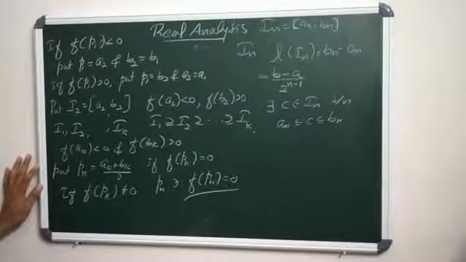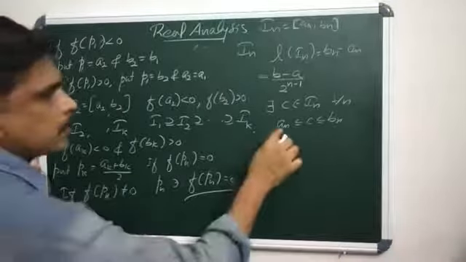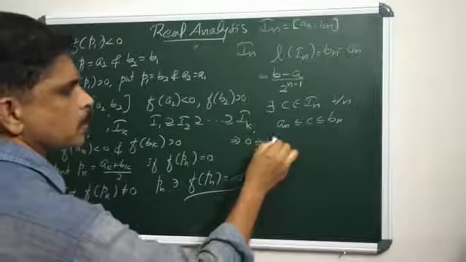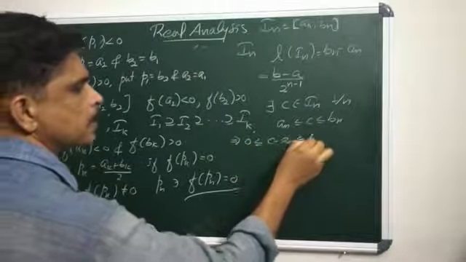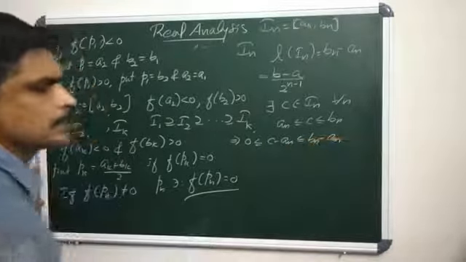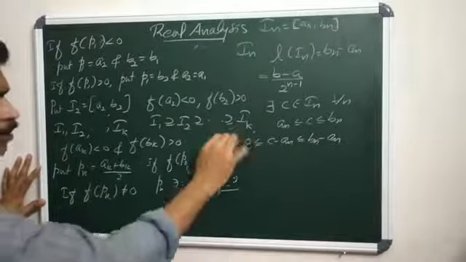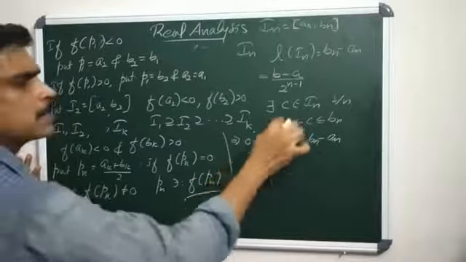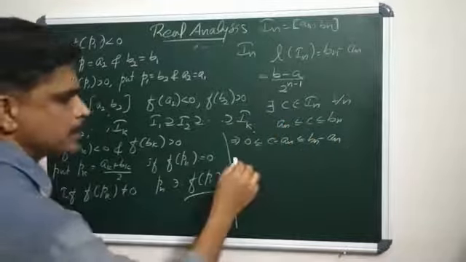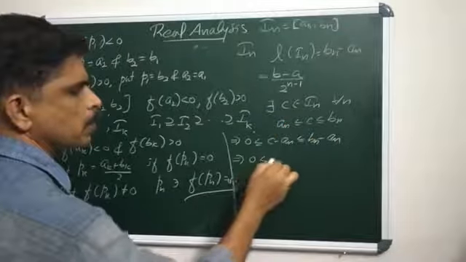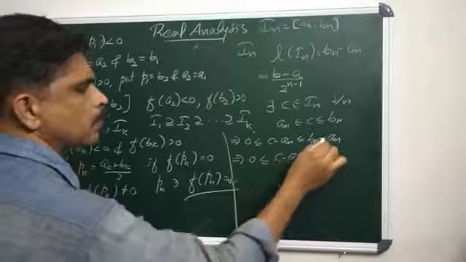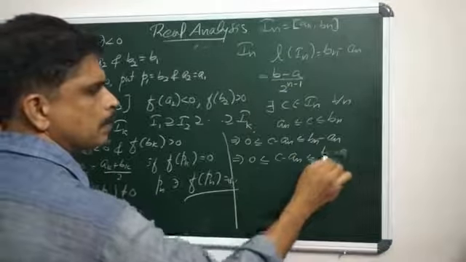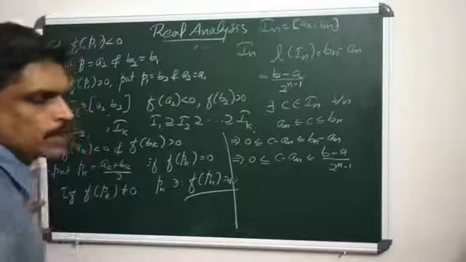Then An less than or equal to C less than or equal to Bn means 0 less than or equal to C minus An less than or equal to Bn minus An, which is (b minus a) by 2 power n minus 1.